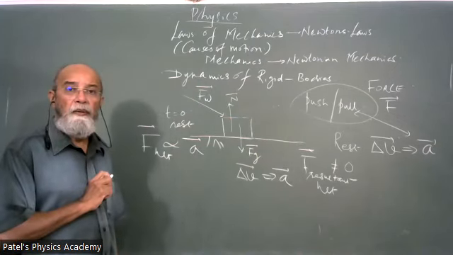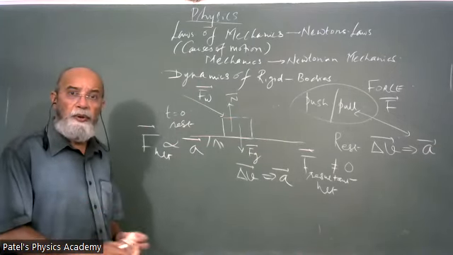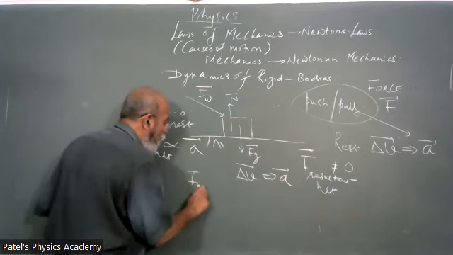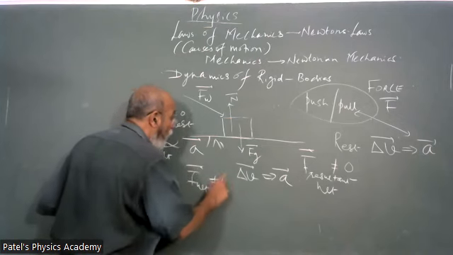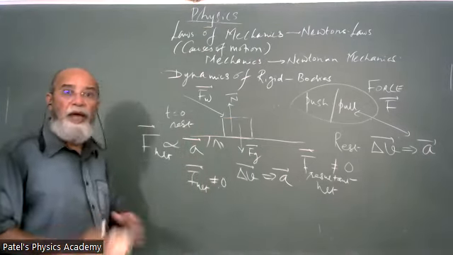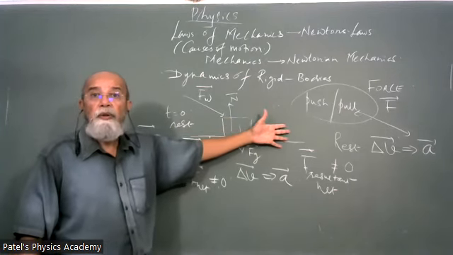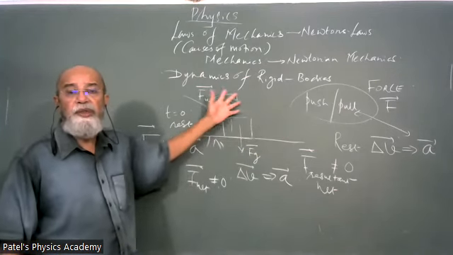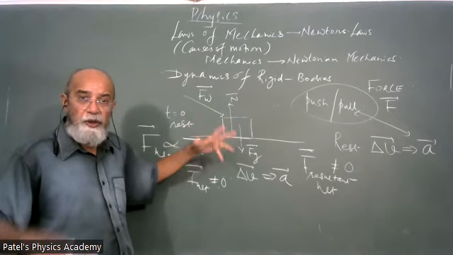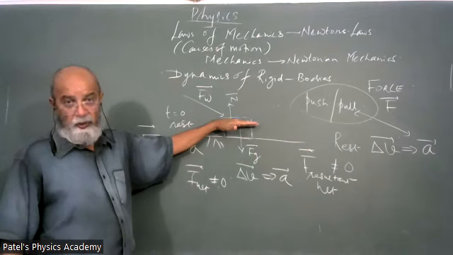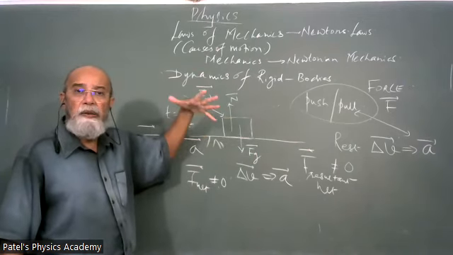Then I was sure that there has to be a net force, which is not 0, acting on this object. All these forces are forces which the environment exerts on this object. We call them external forces.